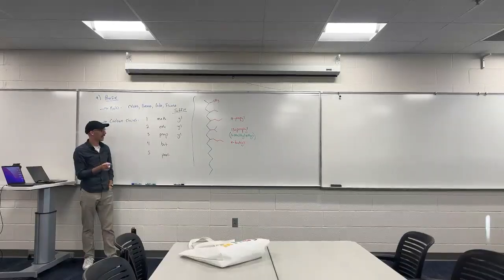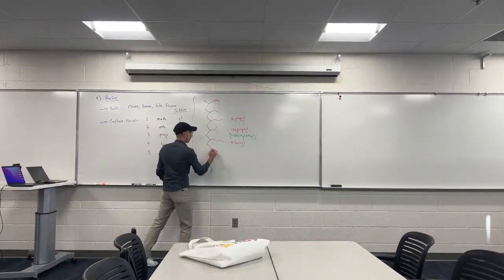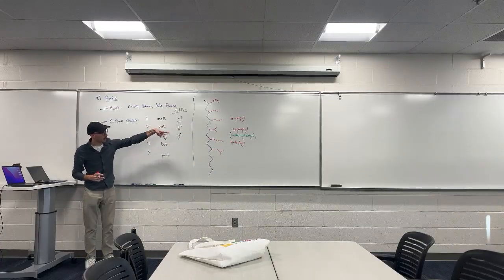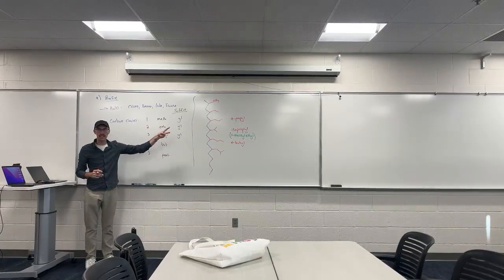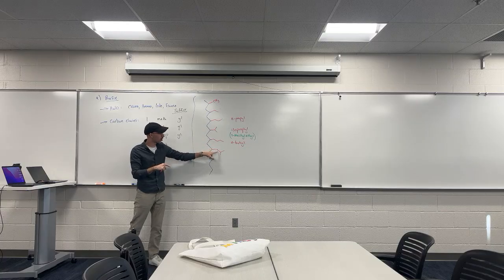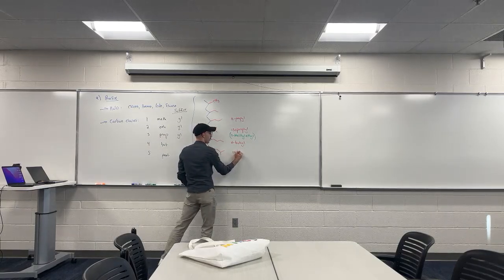What if I take the last carbon and I move it down a position? Do you notice how I get that little Y thing sticking off of the end of my substituent? The only difference is that now it's not directly off of the parent chain, it's 1 carbon off of the parent chain. This is isobutyl.